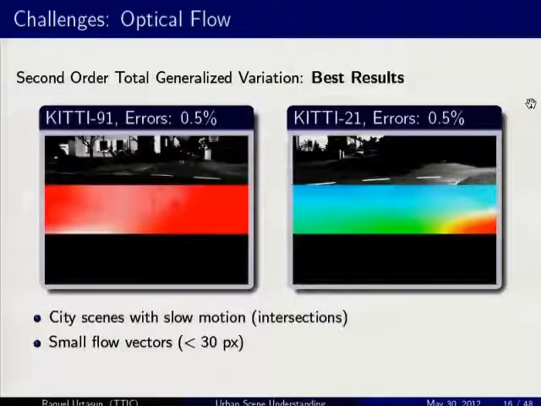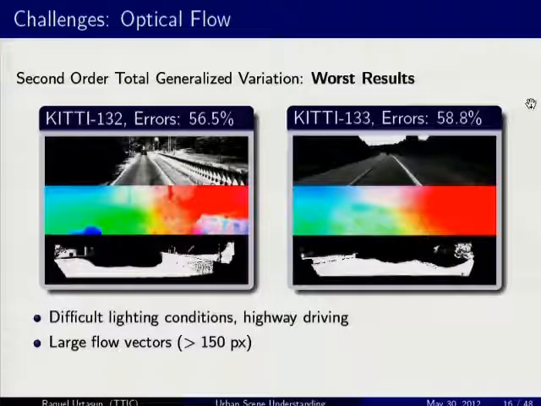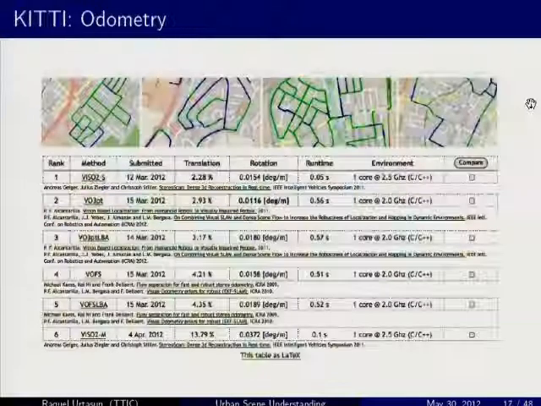We took the best results from Bishop's group, and you see that it works very well when you have small flow vectors, not surprisingly, and when you have city scenes with slow motion, like intersections, when you're not driving too fast. The difficulties are with difficult lighting conditions. Again, when you're driving on a highway, you have large flow vectors up to 150 pixels, and the current methods cannot cope with this kind of motion.